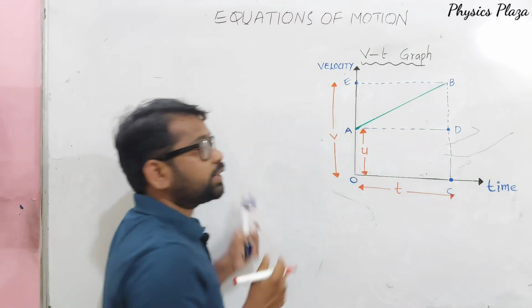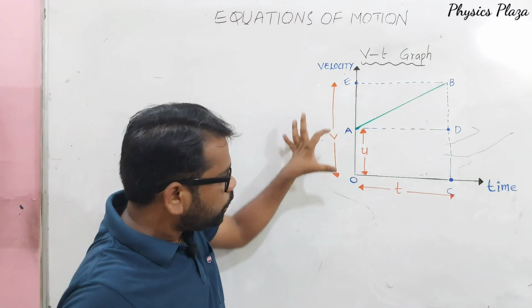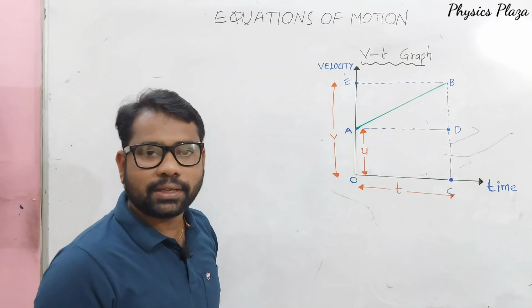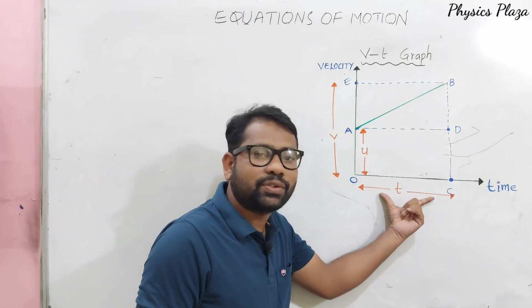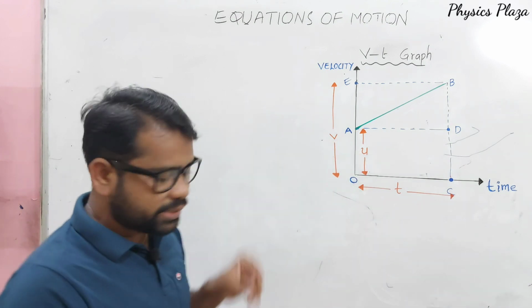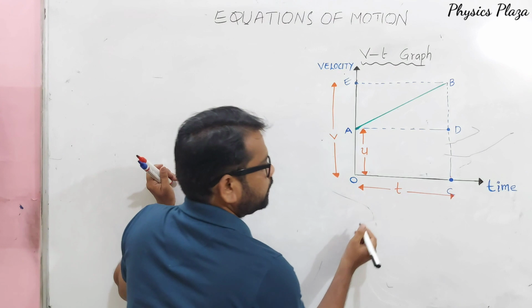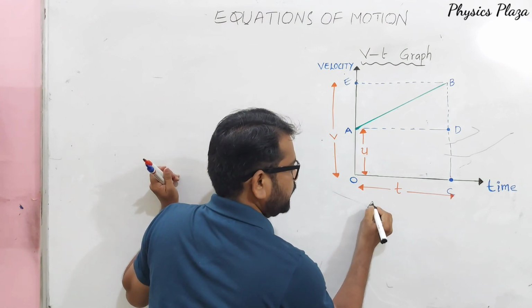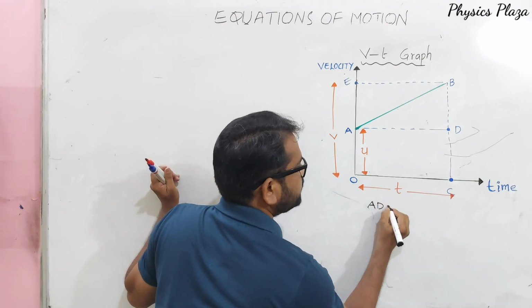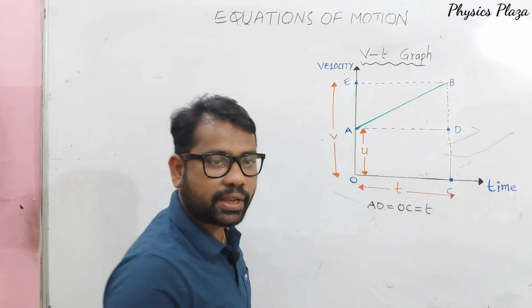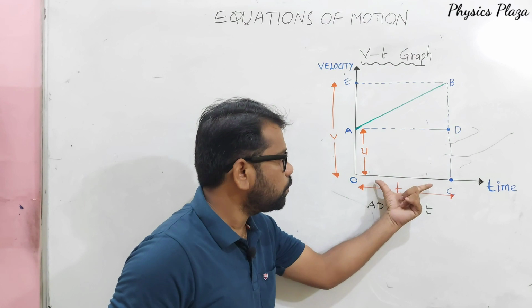Children, this is what we have to understand. Once again, OA represents initial velocity, OE represents final velocity, and OC represents time. From this graph, can we write like this? AD is equal to OC, which is t. Of course, we can write AD is equal to OC.